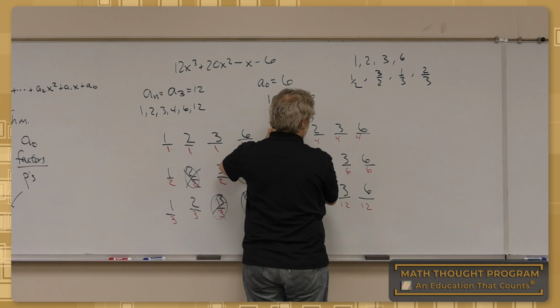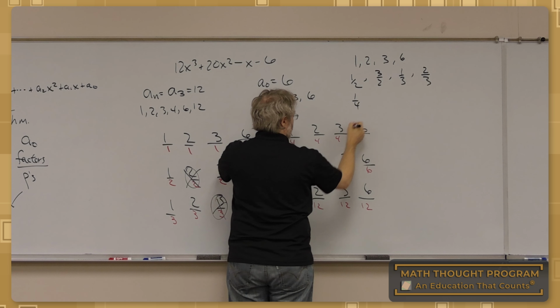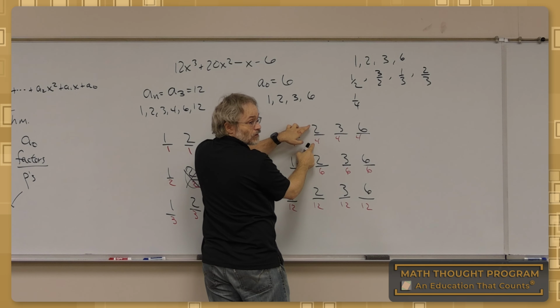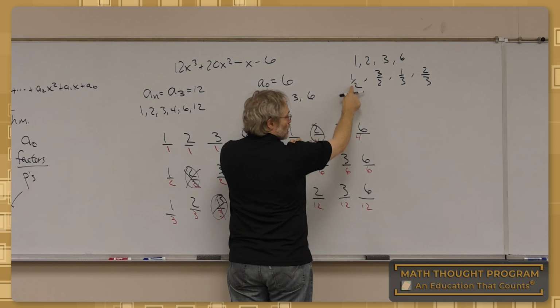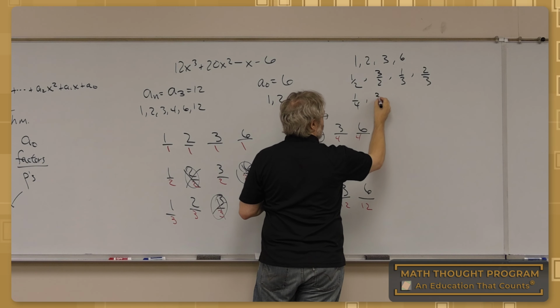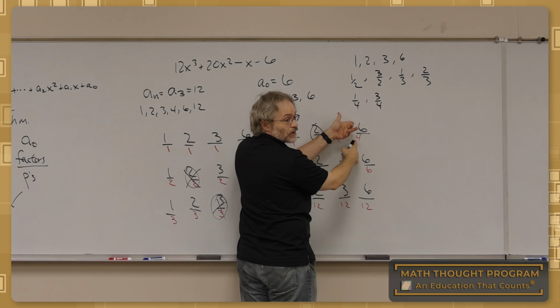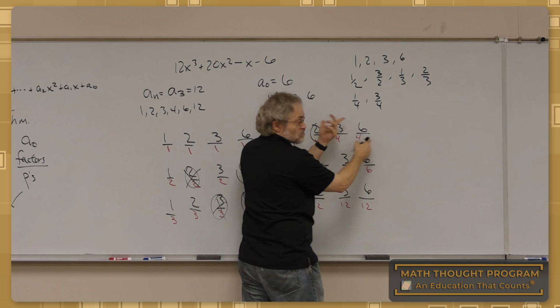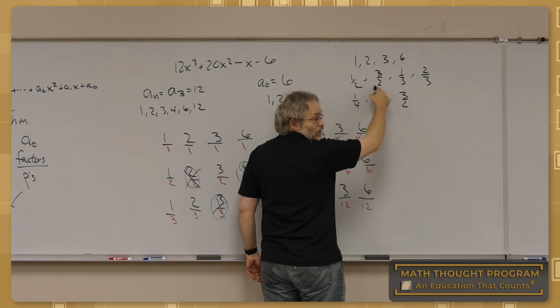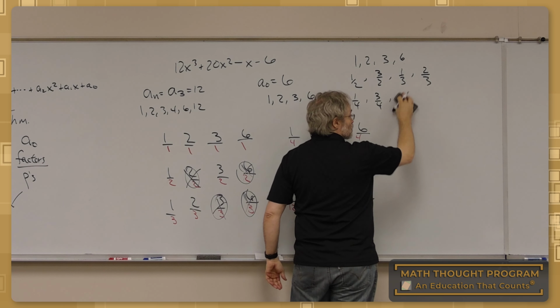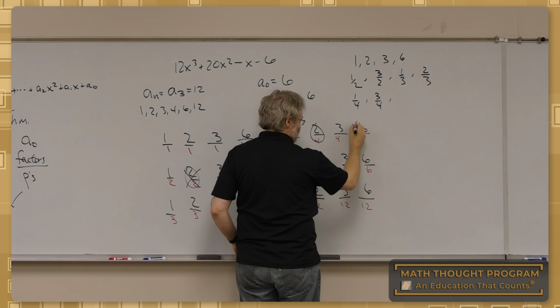Okay, here you can get a 4th. What's that? That's a half. It's already been included. 3/4. What about this one? Okay, that's going to be 3 over 2, but look at that. I don't want to have repeats, just once is good enough.